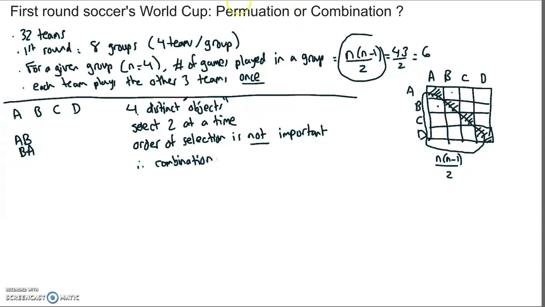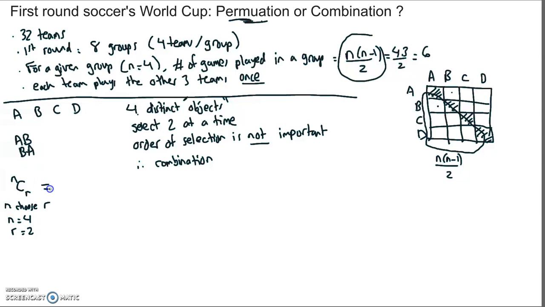If the order was important, then it would have been a permutation. So what's the formula for a combination? The notation here is nCr, and this is read as n choose r. In our case, we have a total of 4 teams, so n equals 4, and we're choosing r at a time, so r equals 2.